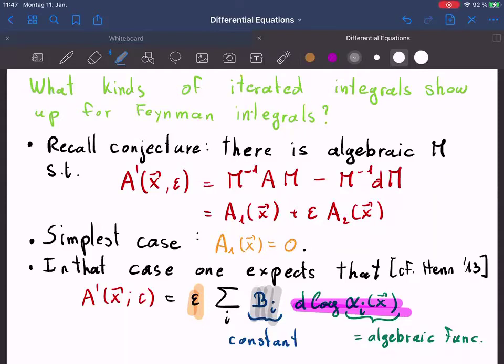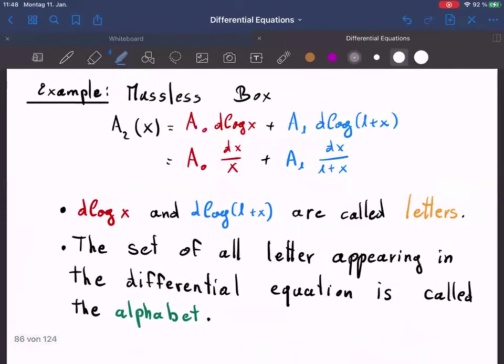So what kind of functions can you get? Let's make it even simpler. What is the simplest structure I could have for d alpha_i, for these arguments? Well, clearly, if they are rational functions, that is already simpler than a rational function in square roots. So let's restrict first to rational functions. If I restrict to rational functions, the simplest thing they could be is that they are linear.